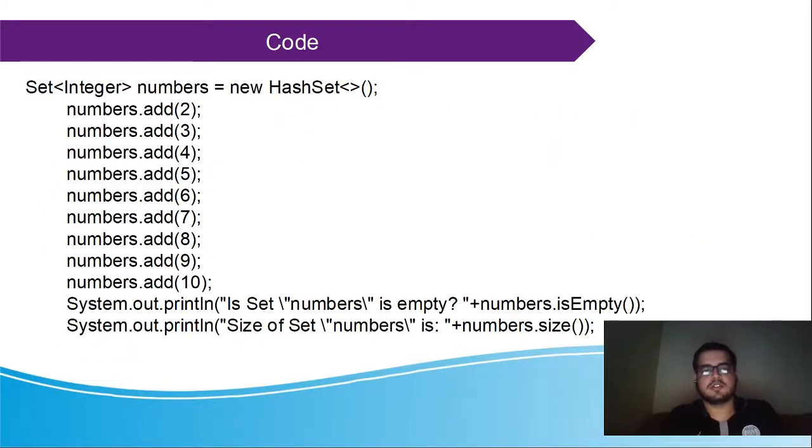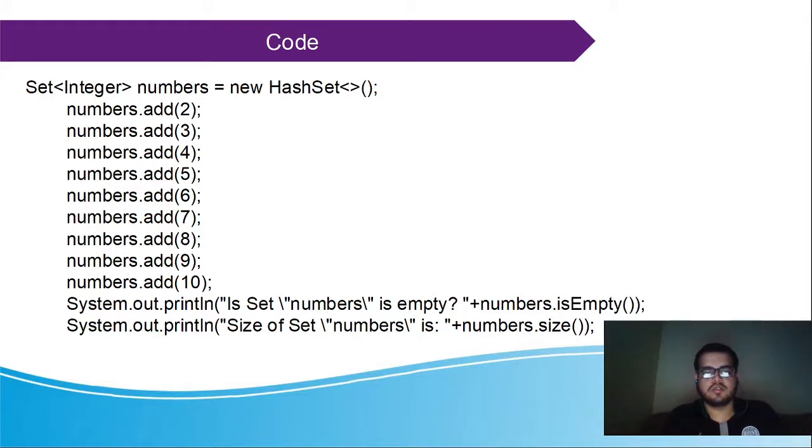So this is the program which I have created to test all the functionalities. First I created the HashSet using the Set interface and called it numbers, and now I'm going to add numbers randomly, 2, 3, 4, 5 till 10. Now first I'm going to see if the HashSet is empty. Of course it's showing false because the HashSet is not empty.